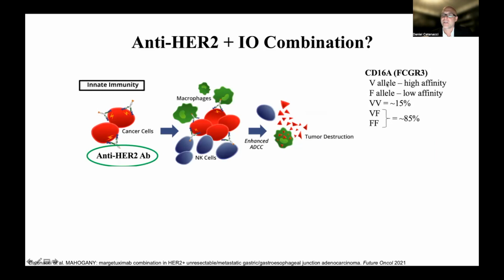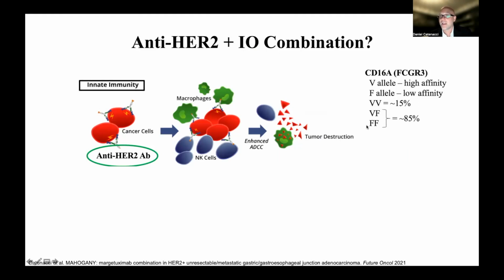The V allele has very high affinity, meaning it is really sticky to that Fc domain on antibodies. And if somebody inherits 2 copies, one from mom and one from dad, which accounts for about 15% of the population, they have very, very strong affinity of NK cells to antibodies. And so they tend to have a better response to antibody therapies like trastuzumab.